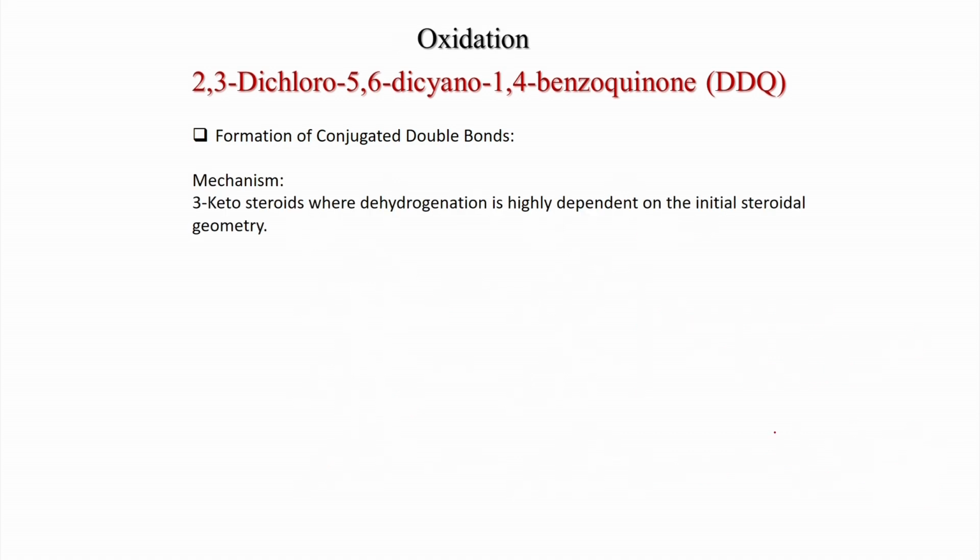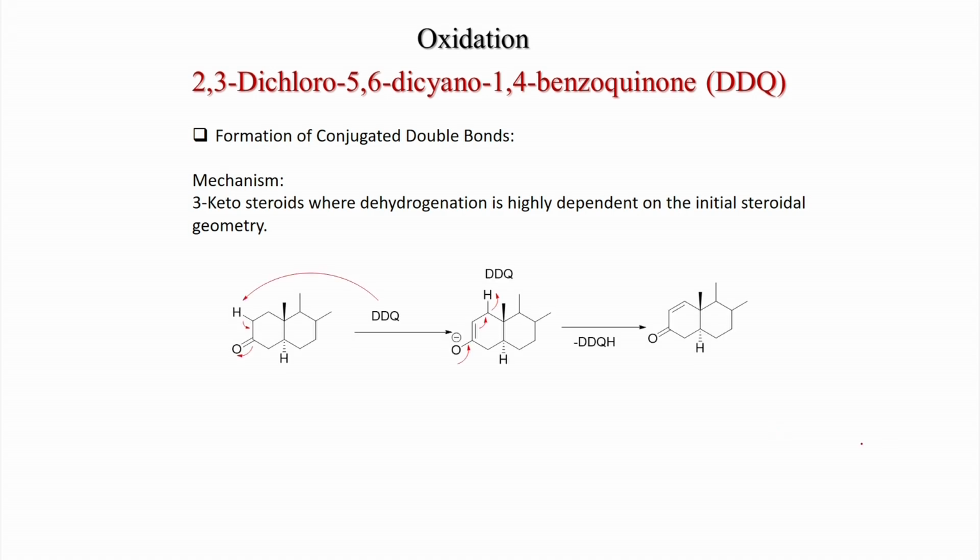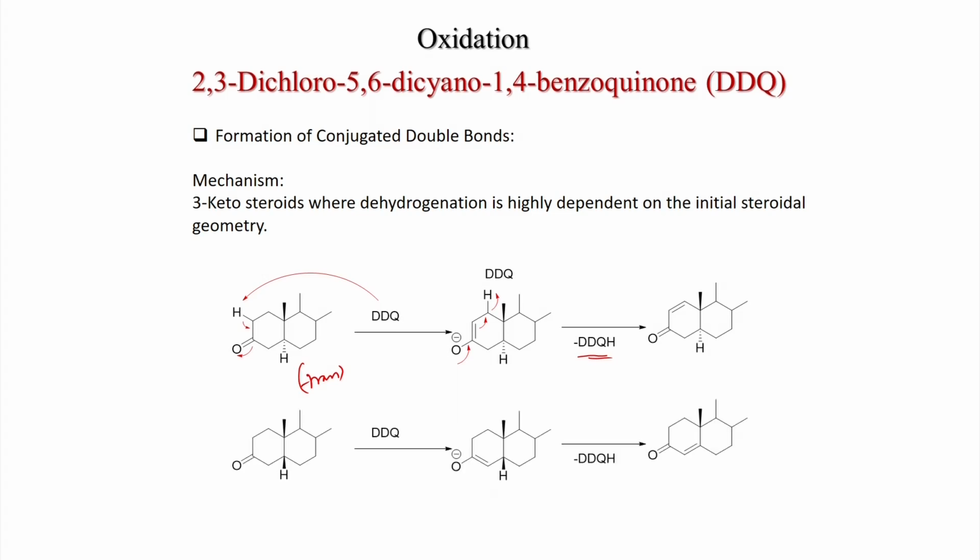So, this is the mechanism that we told, the 3-keto steroids are highly dependent on initial steroid geometry. So, when it is trans, then it has been found that this enolate will form, and after this enolate, then you get hydride elimination of this hydrogen, and after elimination of DDQH you get this double bond, alpha beta unsaturated carbonyl system.